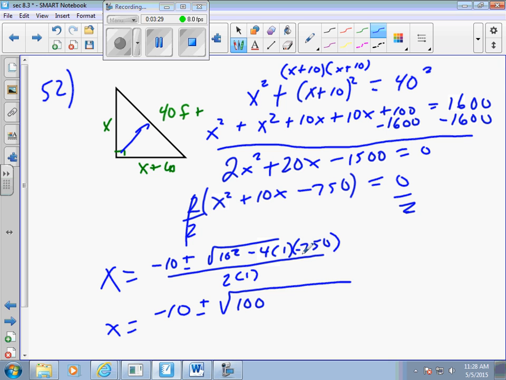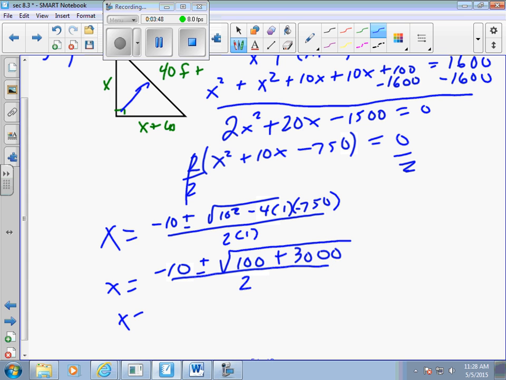Negative 4 times 1 times negative 750 gives me positive 3,000, all over 2. And I get the square root of 3,100 over 2.